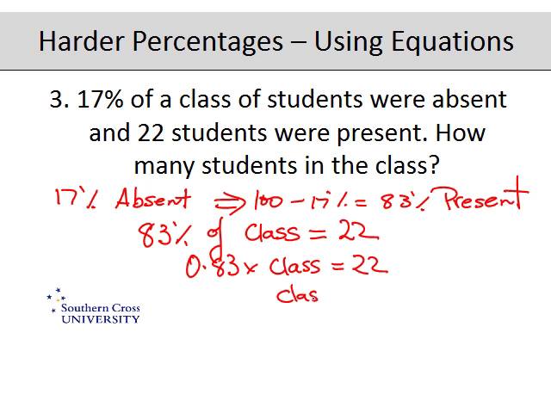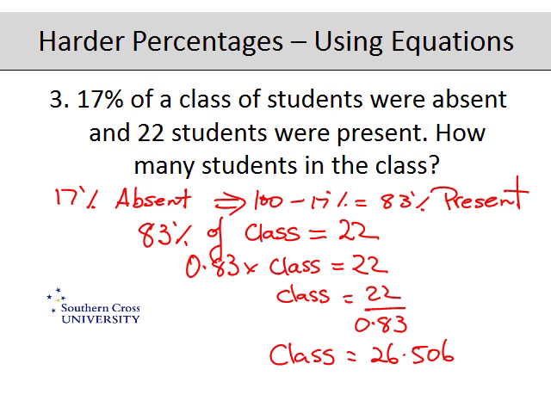So the number of people in the class must be 22 divided by 0.83. And doing that on a calculator, 22 divided by 0.83 comes out at 26.506.